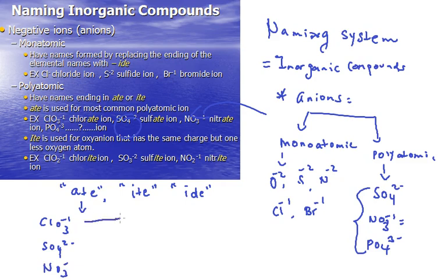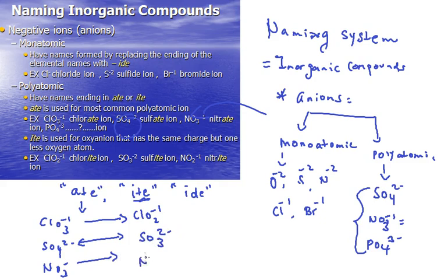But the ITE groups can mostly be generated from the ATE groups. In other words, if you reduce one oxygen, it turns into ITE. So you'll have ClO2-1, which is chlorite. Sulfite comes from sulfate, so it's going to be SO3-2.